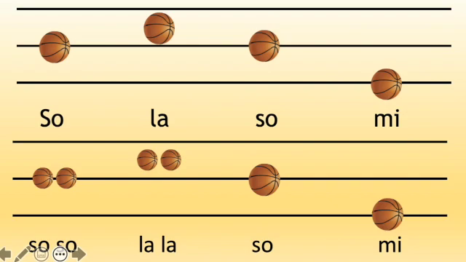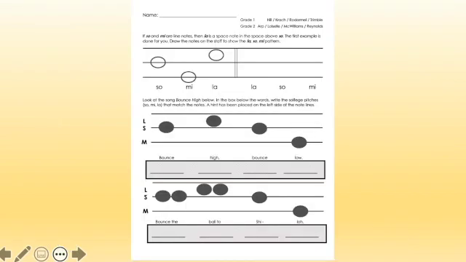So, so, la, la, so, mi. Well, I hope that hasn't confused you. That's a lot of things to think about. And I would like to turn to our fun sheet so that maybe you can understand it a little bit better.